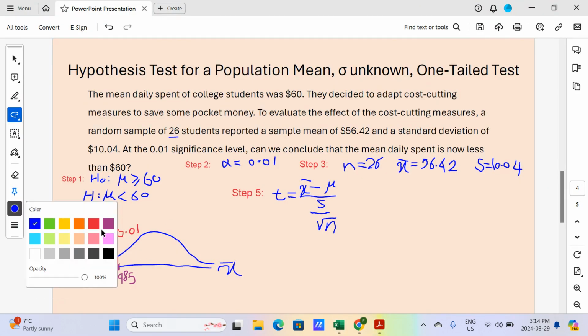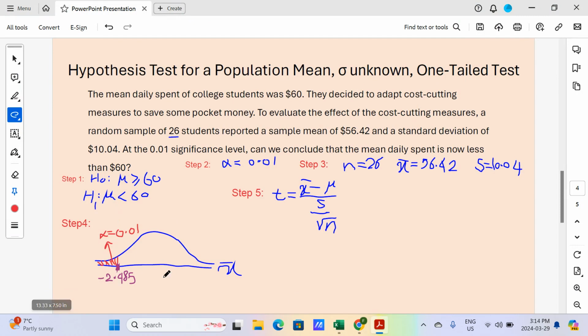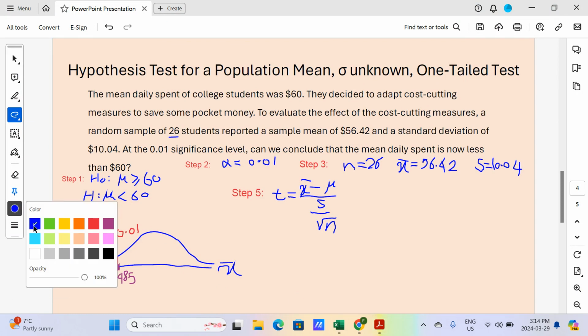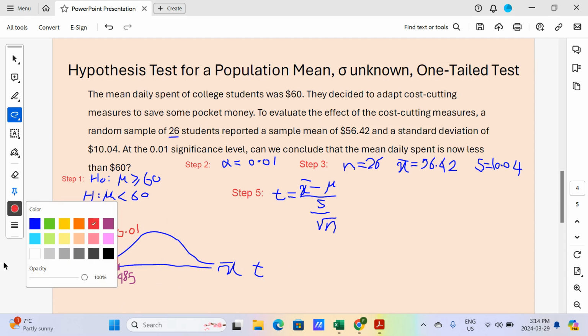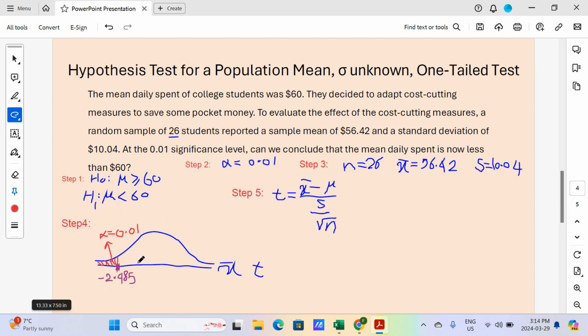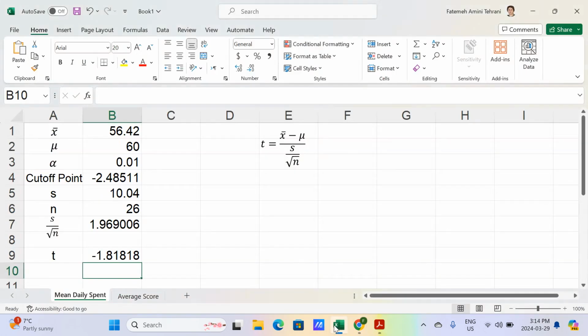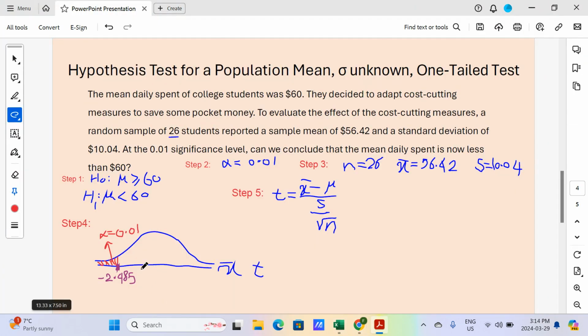Now I'm working with the t distribution. Instead of x bar, now we are going with the t distribution. The t distribution is zero-centered, so in the middle we have 0. The t-value of x bar, minus 1.818, is on the right side of the cutoff point.